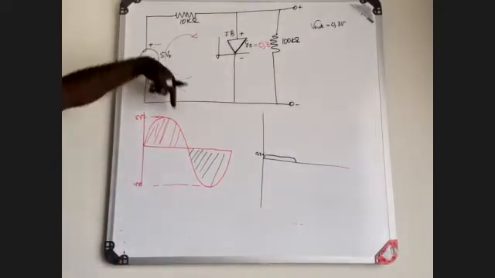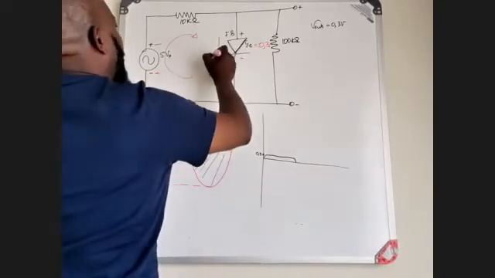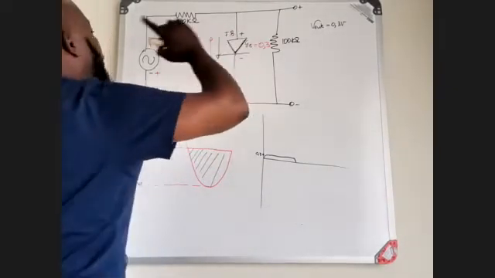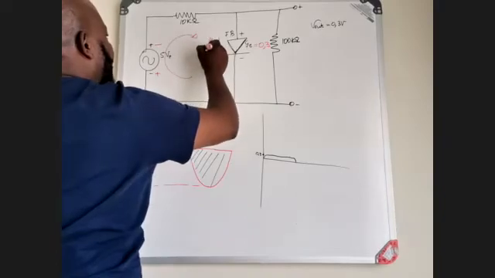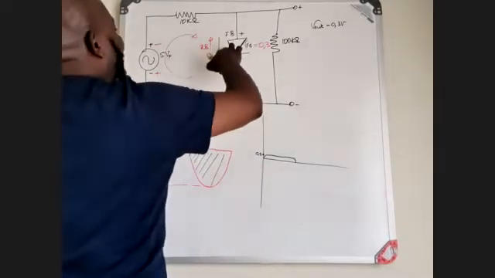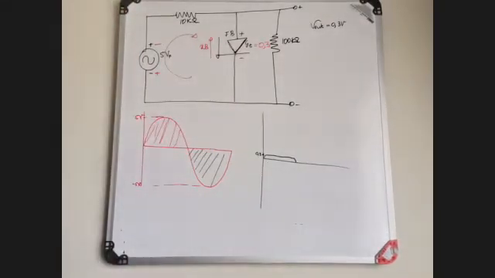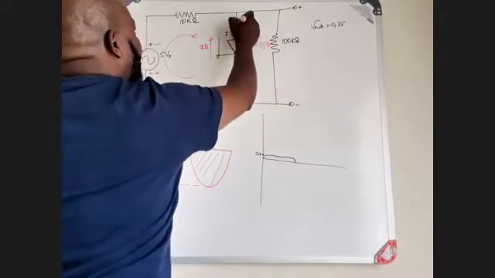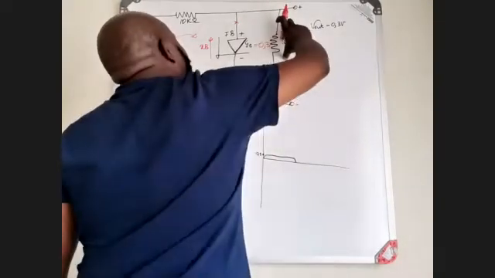If your current is flowing in this direction, it's going to force this component to move from forward bias into reverse bias. If this is at reverse bias, it simply means that now it is acting as an open circuit. If it is acting as an open circuit, now you only have that component there.